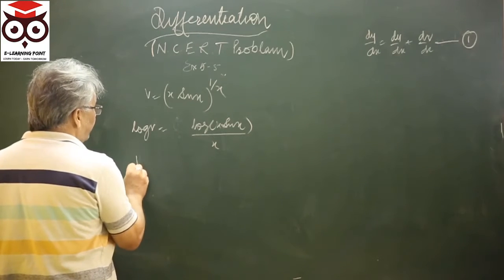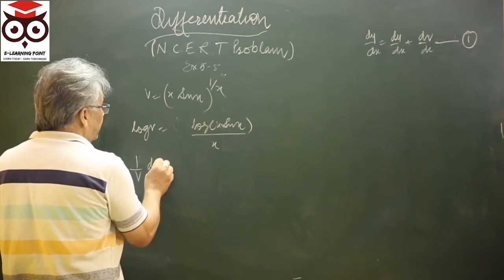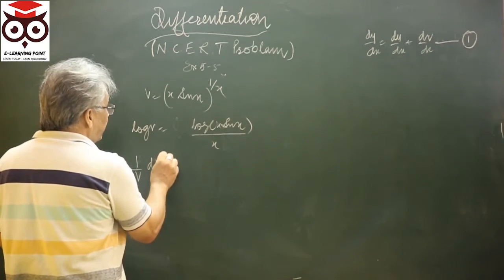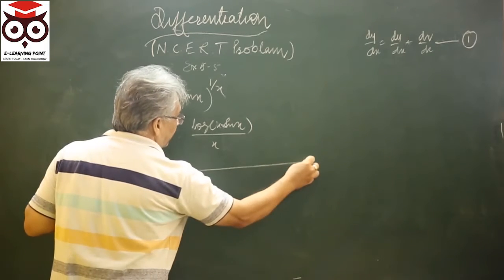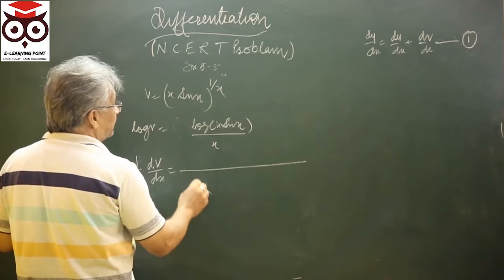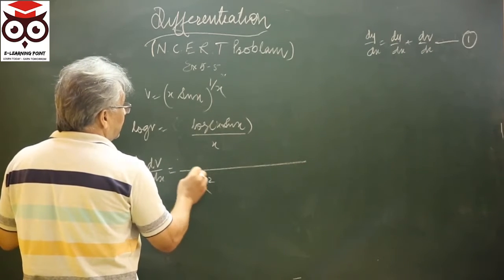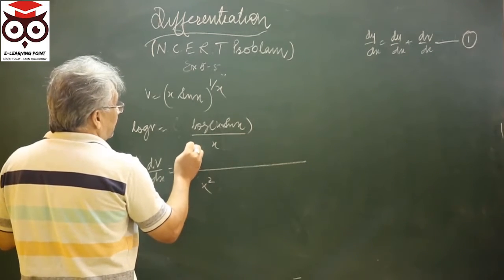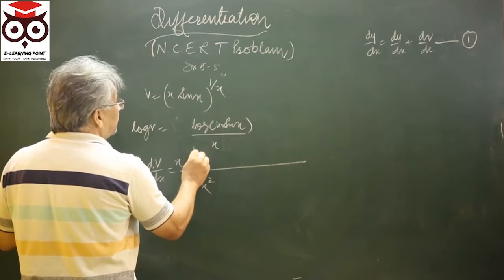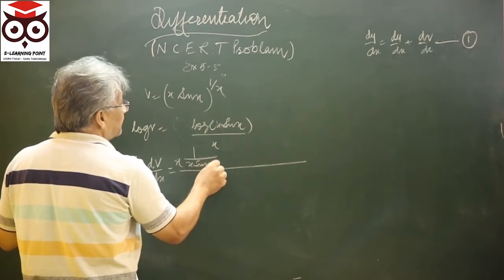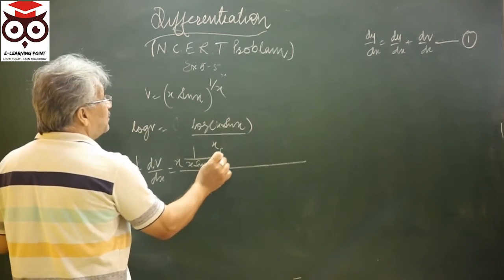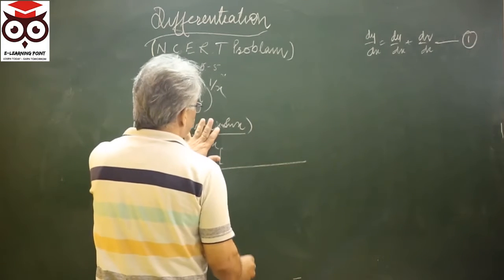So taking differentiation, 1 by v dv by dx. So here I will use quotient rule. x square is there, this is x. Now differentiate it. This is 1 by x sin x. Now I will use here product rule in this one.